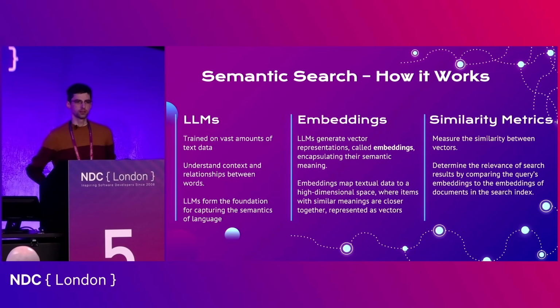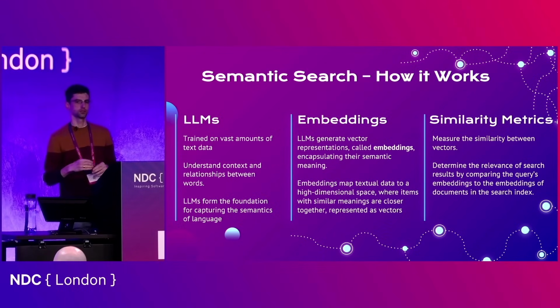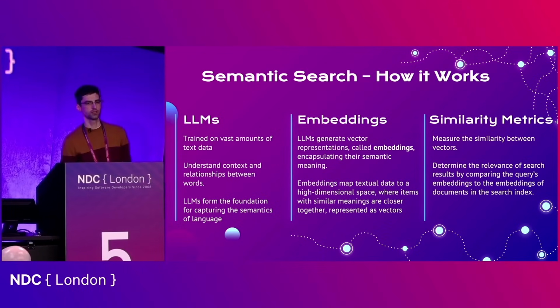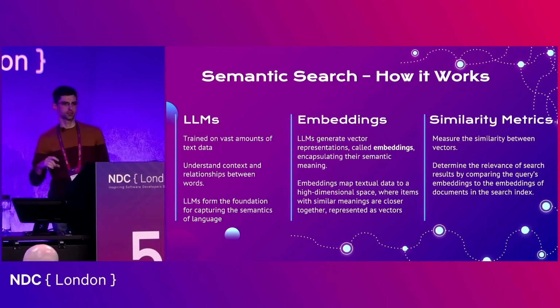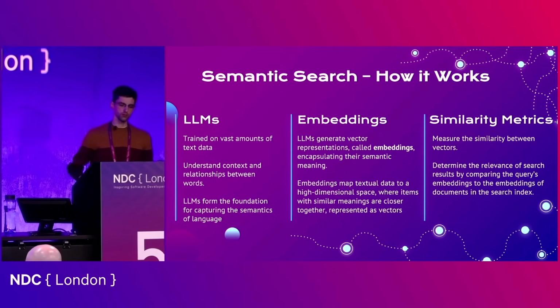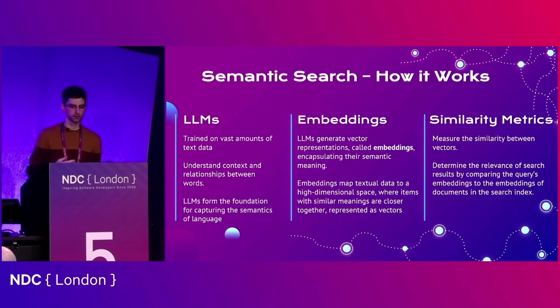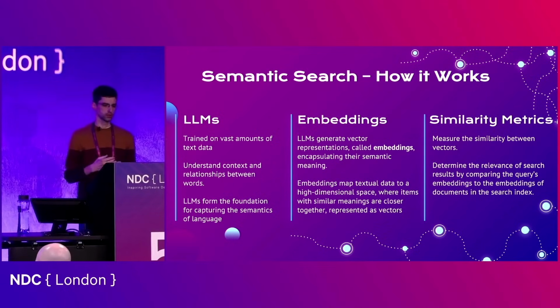So how does semantic search work? There are three major components for semantic search. The first one is LLMs, or large language models. Large language models are trained on a huge amount of data, and they can understand the context and relationships between words.